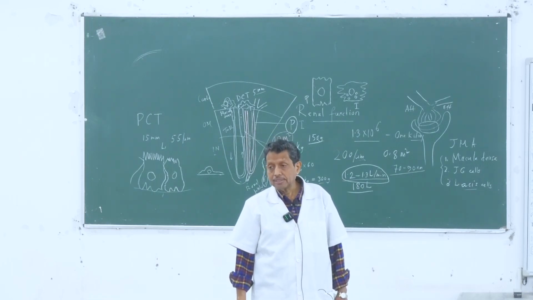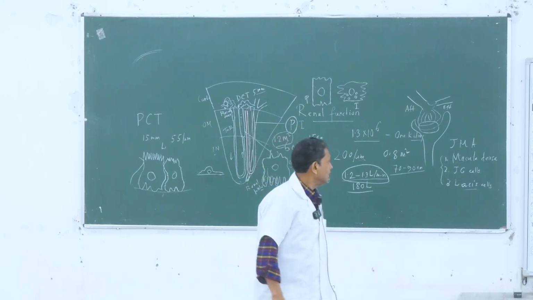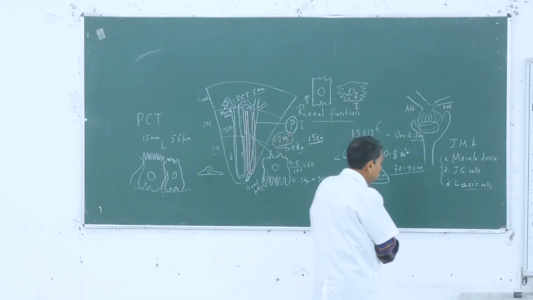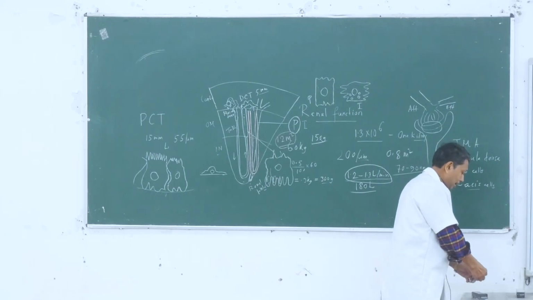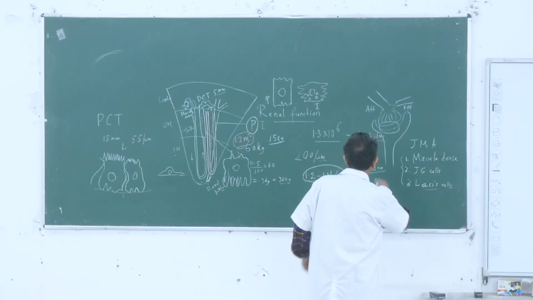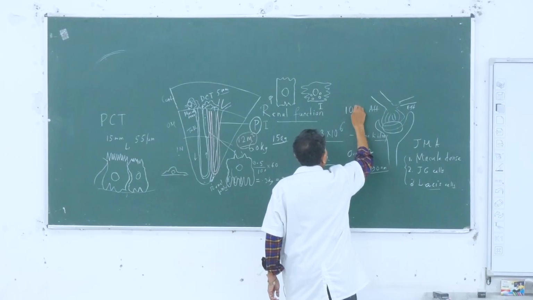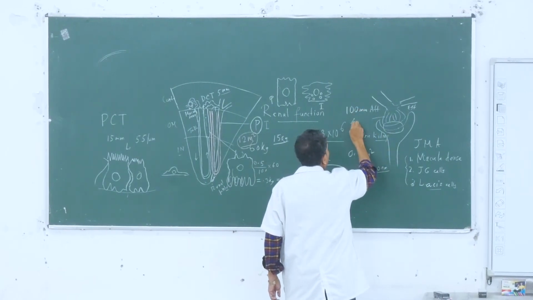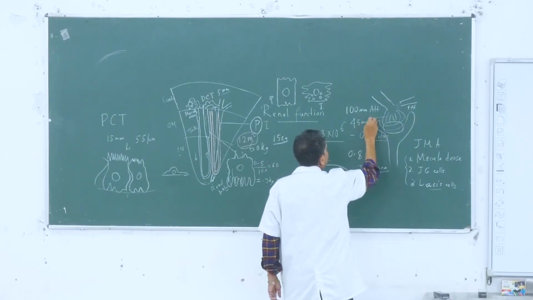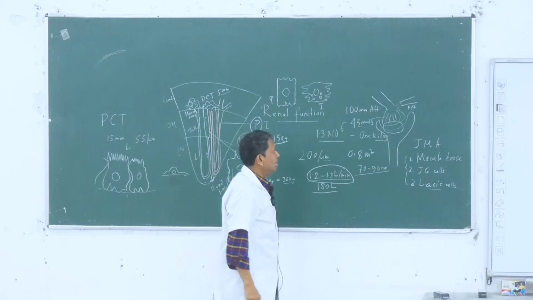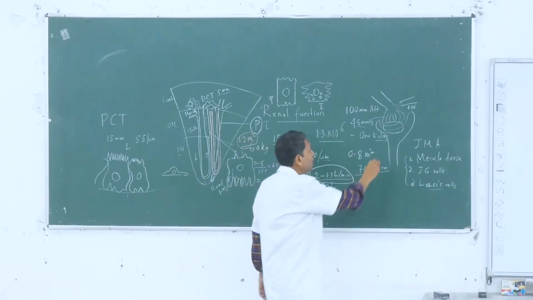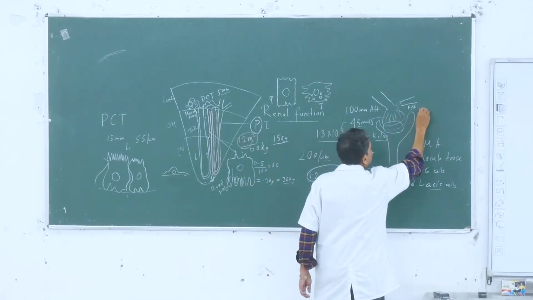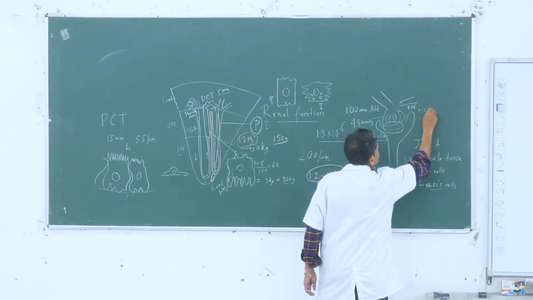In case of rats, where it is measured directly, it is seen that when the systemic pressure is 100 millimeter of mercury, within the glomerulus the pressure is 45 millimeter of mercury at the afferent end, and at the efferent end only 1 to 3 millimeter of mercury less.